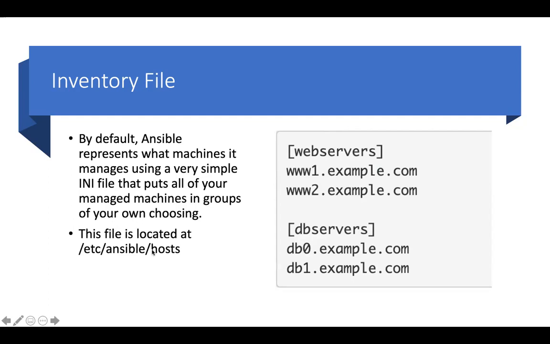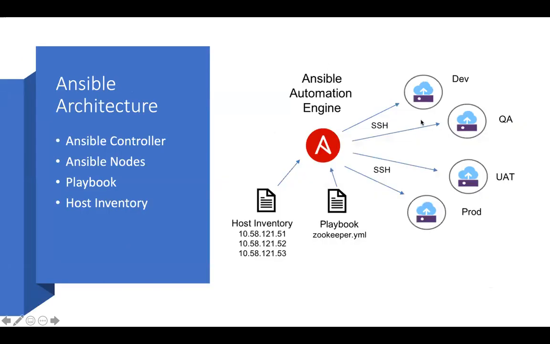This file by default is located in this directory. Once you install Ansible, you are going to see the template here. For example, you put the names or IP addresses, like you see here. These are the IP addresses of all the nodes that our master will be controlling.